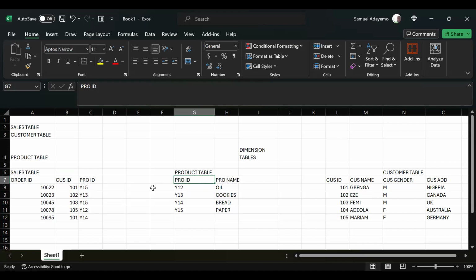Now, it's not possible that one product will only appear in one transaction, right? That's why you see that one product ID will occur more than once. It can occur several times. So on the product table, the product ID is a primary key on its own original table.